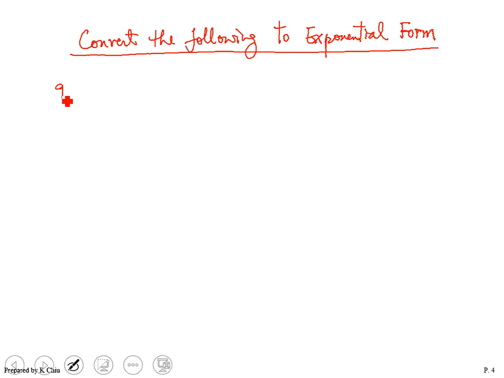We have number 9, log 100 with the base 10 equals 2. Now it's getting a little bit harder because I wiped out the formula, but hopefully we can tell. We have the base raised to the exponent is equal to the result.